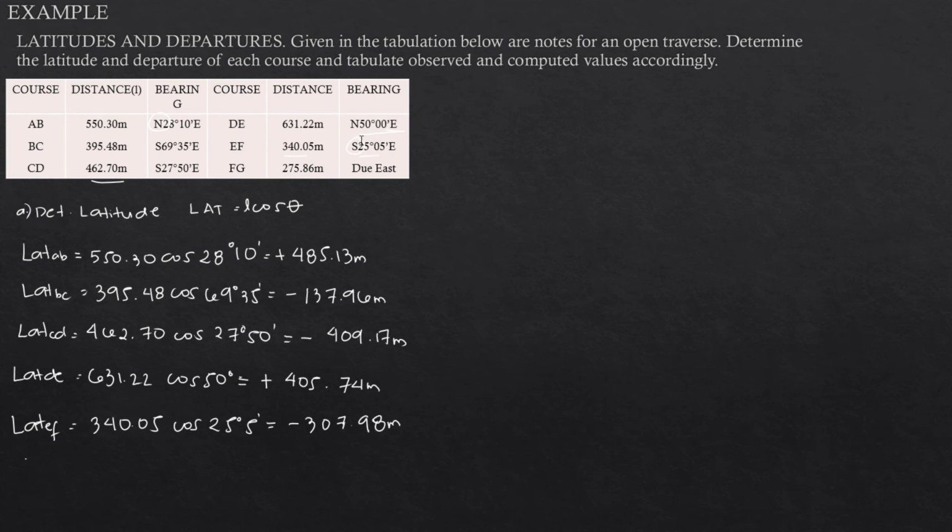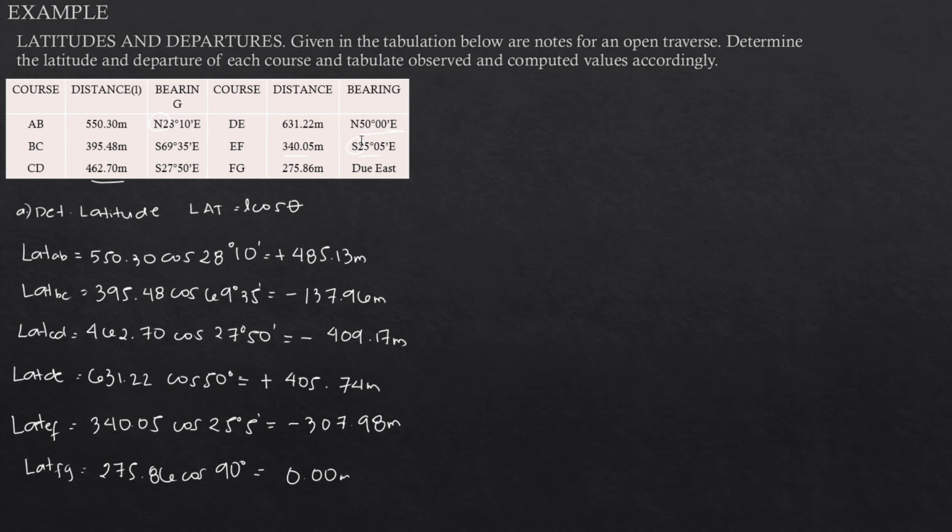Then the latitude of course FG is equal to 275.86 cosine of east, so 90 degrees, is equal to 0 meters.